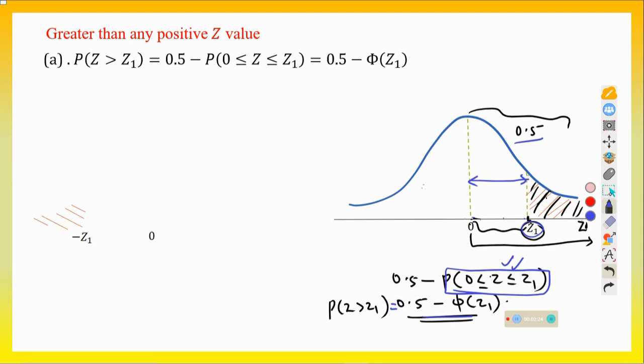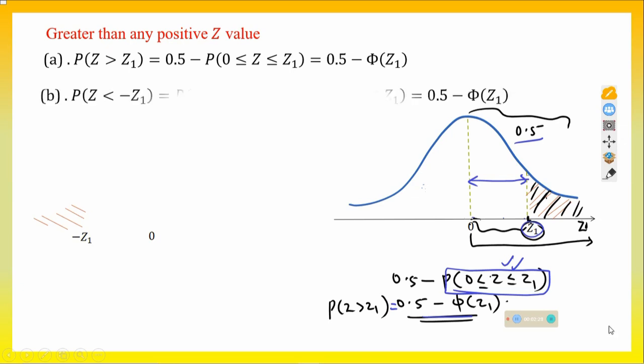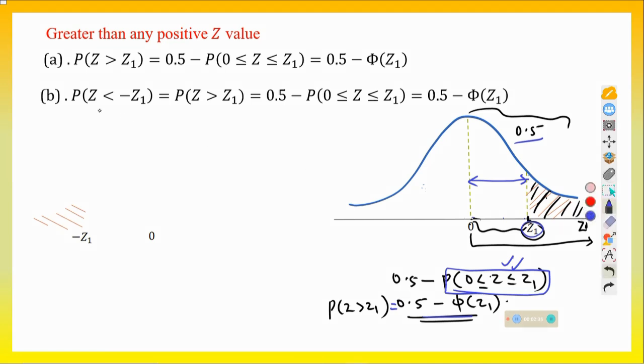Similarly, if you have the probability that Z is less than negative Z1, as I said, if this becomes a minus, and you are having Z and Z1 and this is a minus value, simply change the inequality sign here.